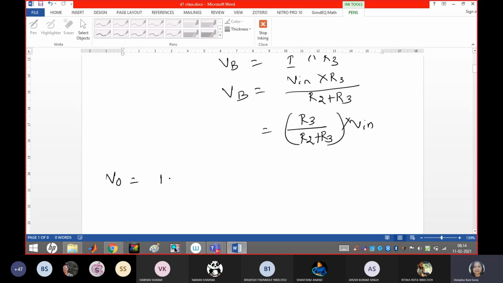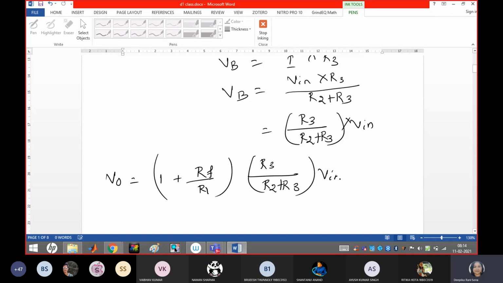V naught equals 1 plus RF by R1 whole into VB, that is R3 divided by R2 plus R3 into V in. Yeah, just remember this part.